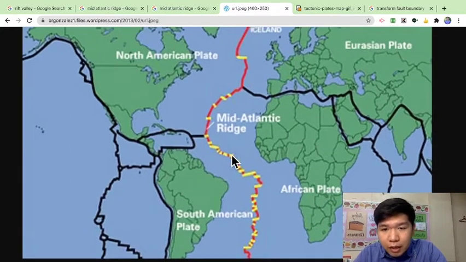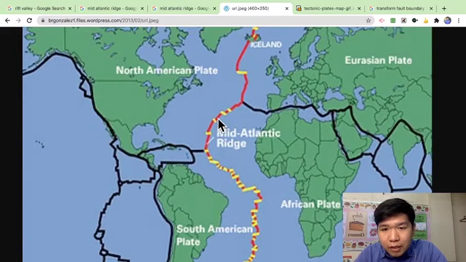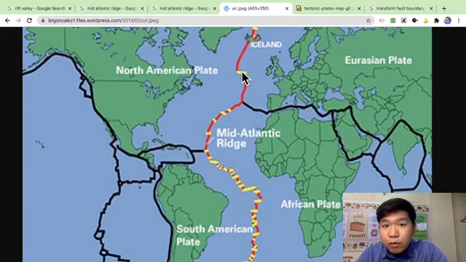As we can see here, this divergent boundary is adjacent to this one, forming a transform fault boundary over here. This divergent boundary is adjacent to this one, thus forming this transform fault boundary over here.